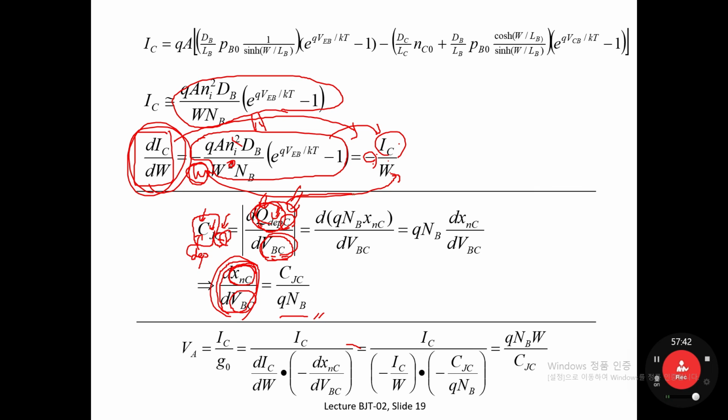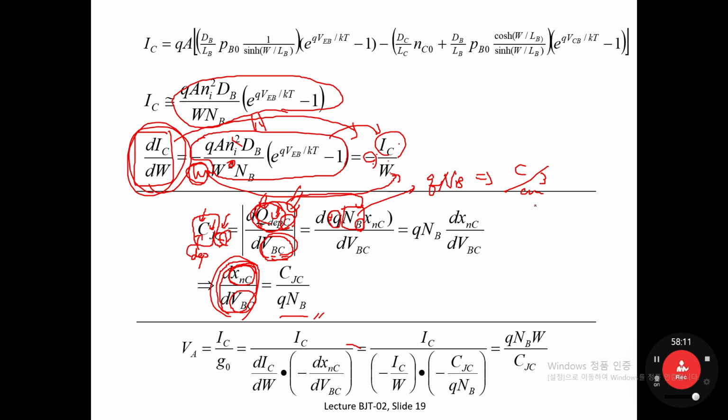In the depletion layer, what would be the main origin of being charged? Yes, ionized dopant atoms. In the base, there are tons of ionized dopant atoms, so that is the reason why I have a plus Q times the doping concentration in base. But that Q times N sub B indicates coulomb per cubic centimeter.